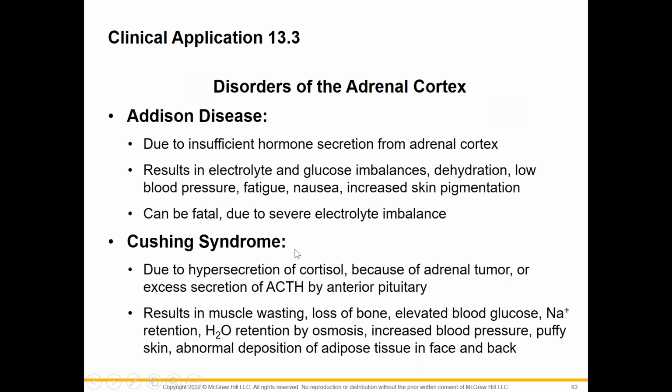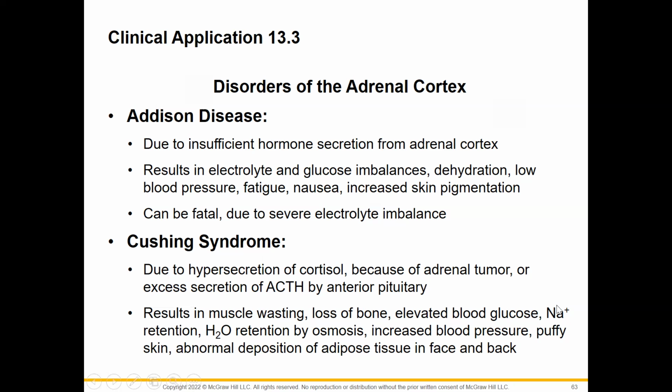Remember, part of the job of cortisol is to make new glucose molecules out of non-carbohydrate sources. You can actually make glucose from fatty acids and amino acids. So, you have elevated blood glucose levels, so then you could potentially be looking at a pre-diabetic or diabetic situation, all because of a tumor.